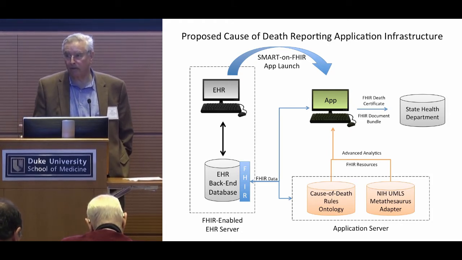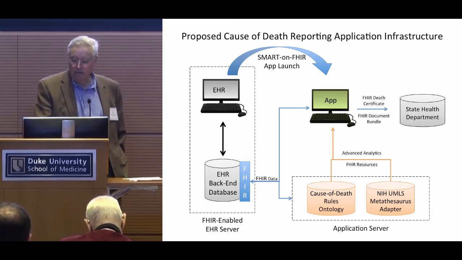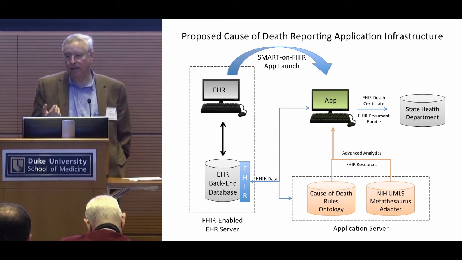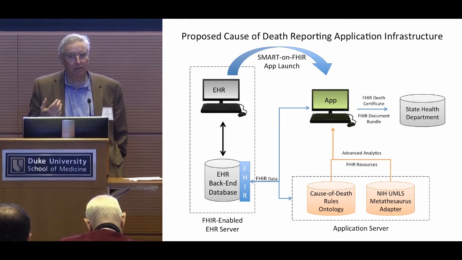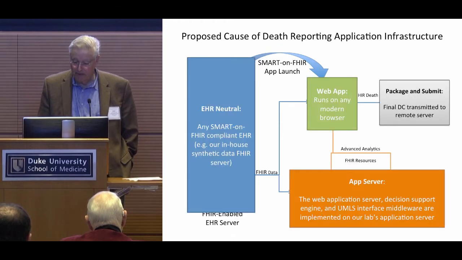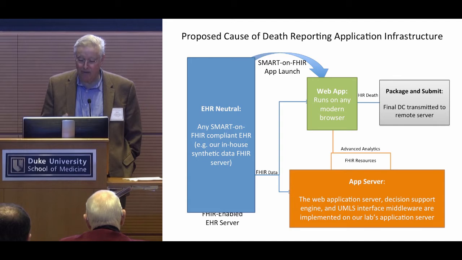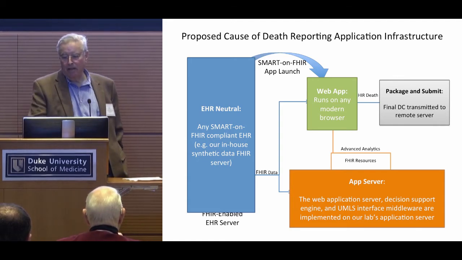And of course, there are no state health departments that could currently receive such a bundle, but we're hoping to work toward that. And the app is supported by an advanced analytics engine that actually guides the physician in providing the optimal information. I'll explain what all that means as we proceed. I've basically explained all that.